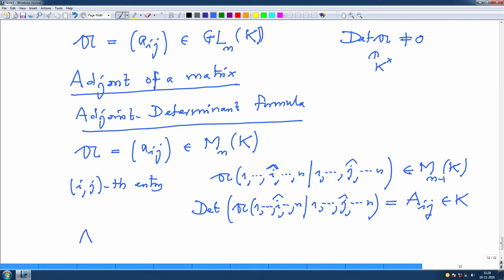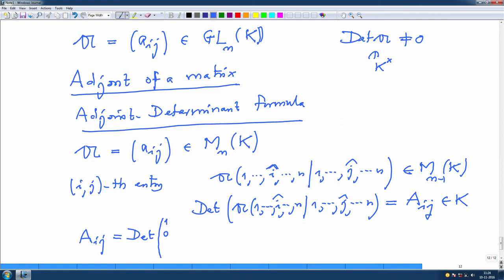So this Aij is also the determinant of: keep this matrix, and I want to enlarge it to an n cross n matrix by adding a row and a column. I add the first column as the first column.